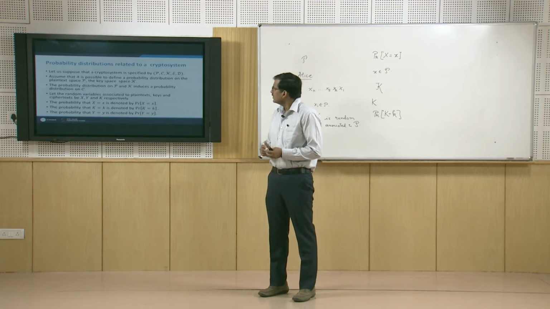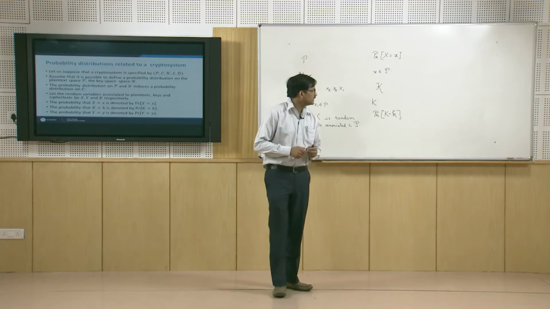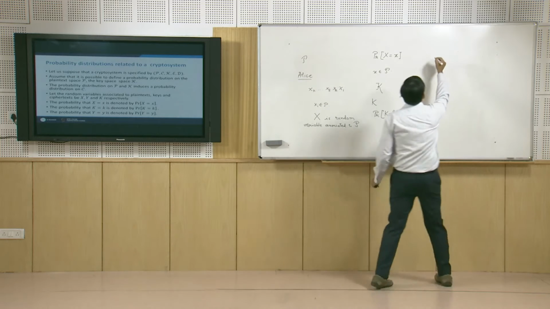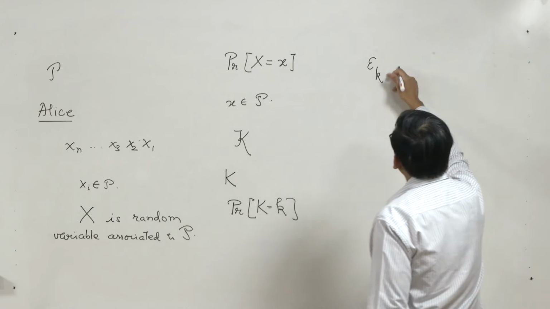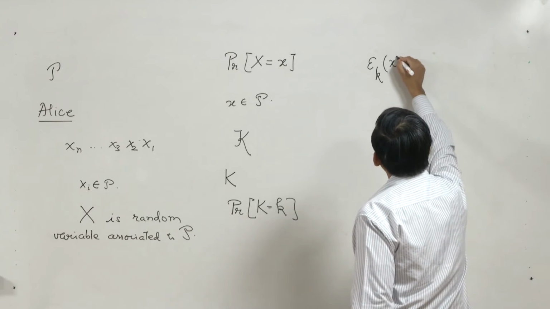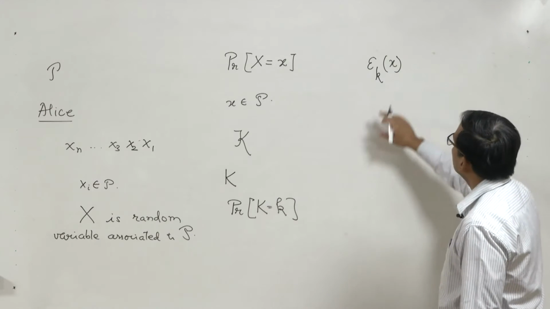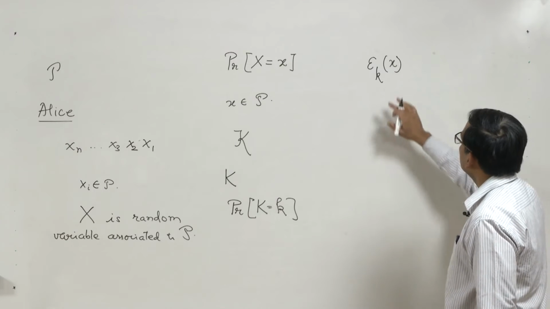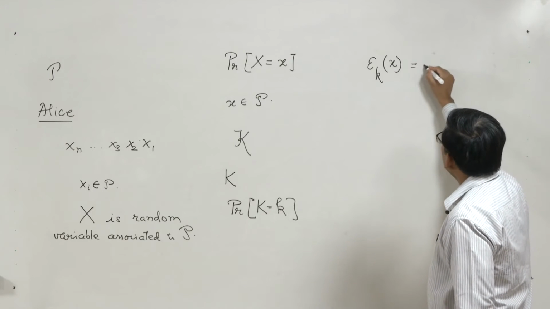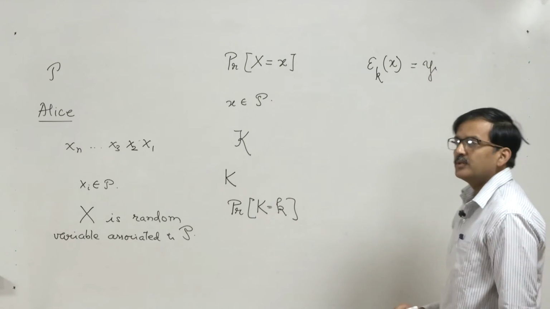Now, we know that the encryption function depends on the key k and the plain text x, and I write it like this: y.